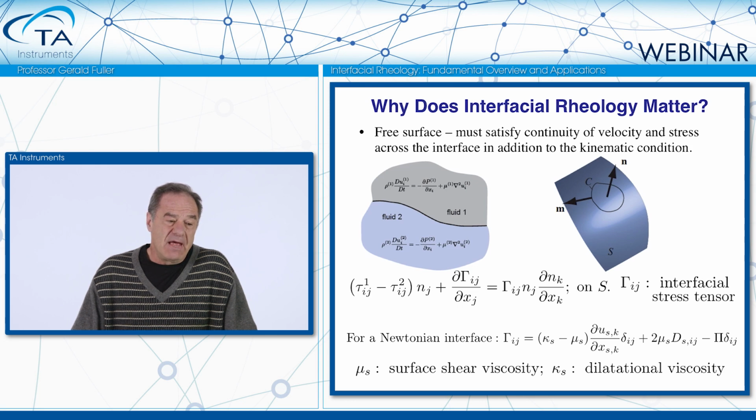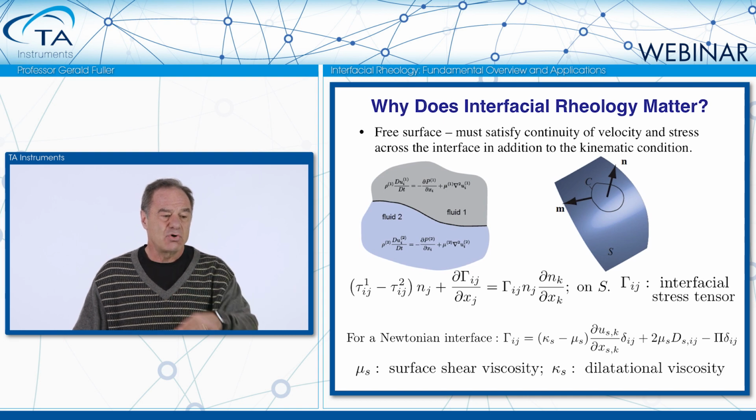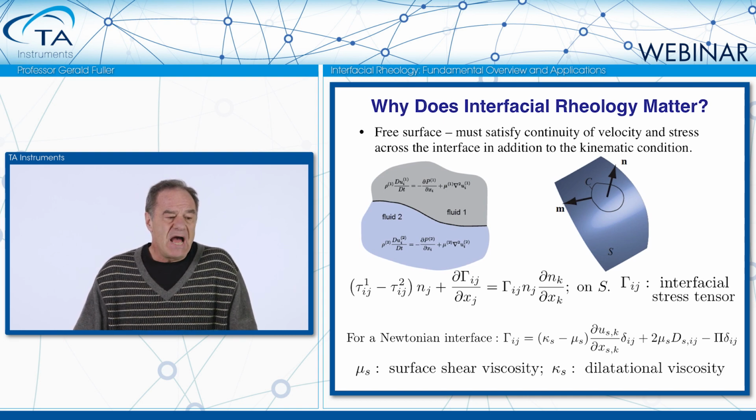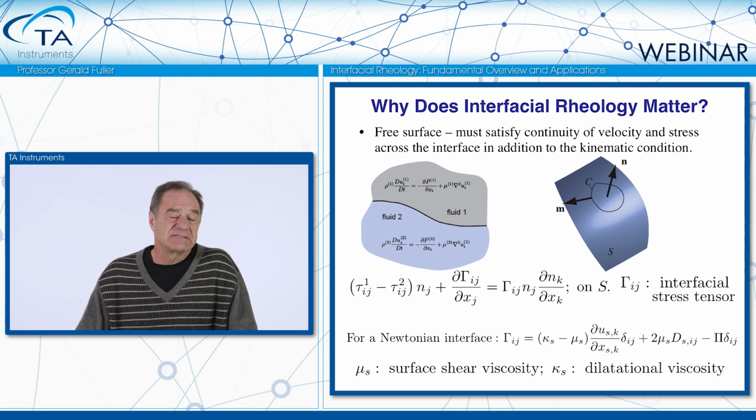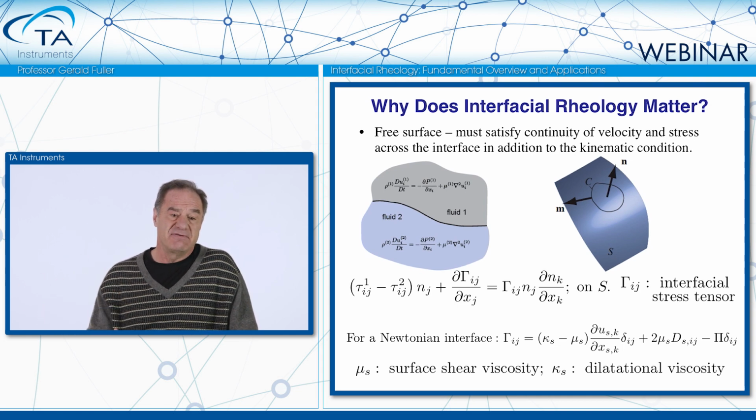And just below the figure, you'll see a long equation where tau ij superscript 1, that's the bulk stress in fluid 1, minus the bulk stress in fluid 2, but evaluated at the interface. So that's a stress difference. And that stress difference has to be supported by the interface.